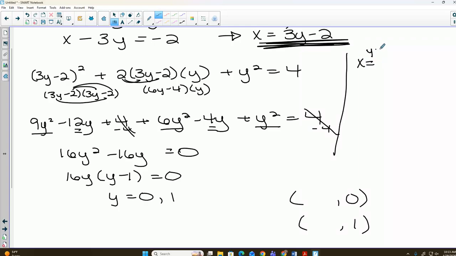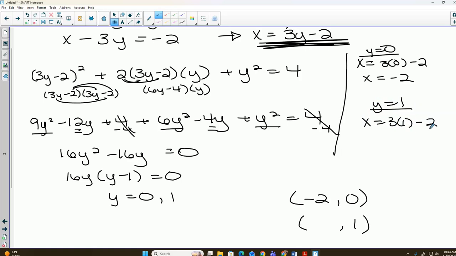If I put in a 0, we get negative 2. We put in a 1, we get 1.